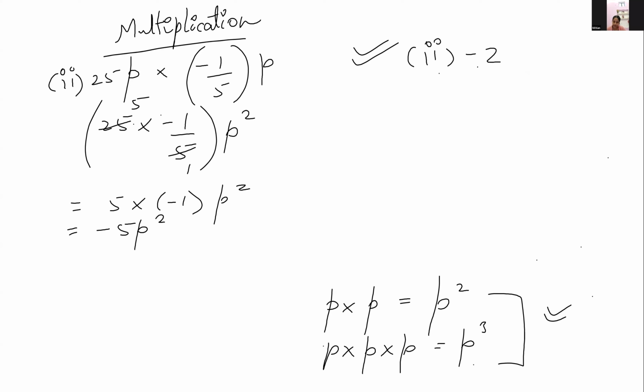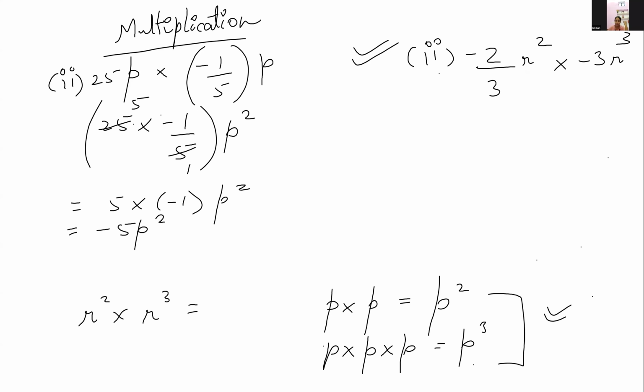Minus 2 by 3 r square multiplied by minus 3r cube. Now, when you're having two same variables, suppose, look here, I'm having r square multiplied by r cube. Yes, I'm having the same variables but different powers.